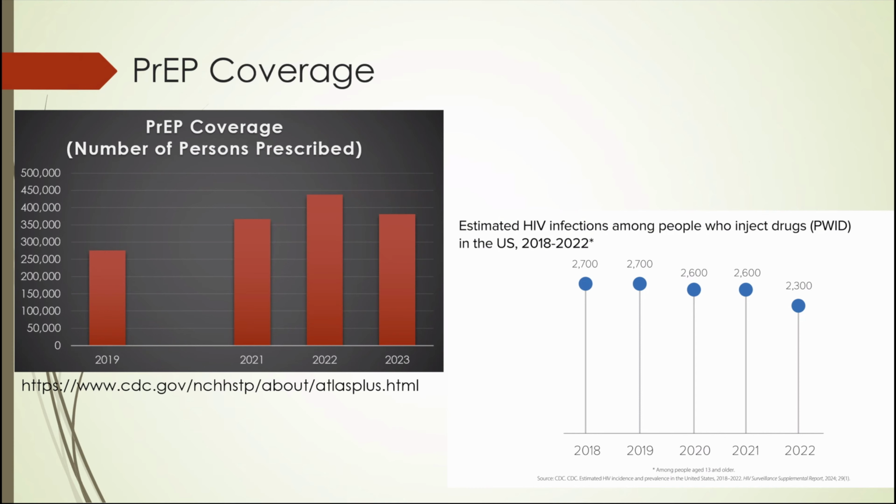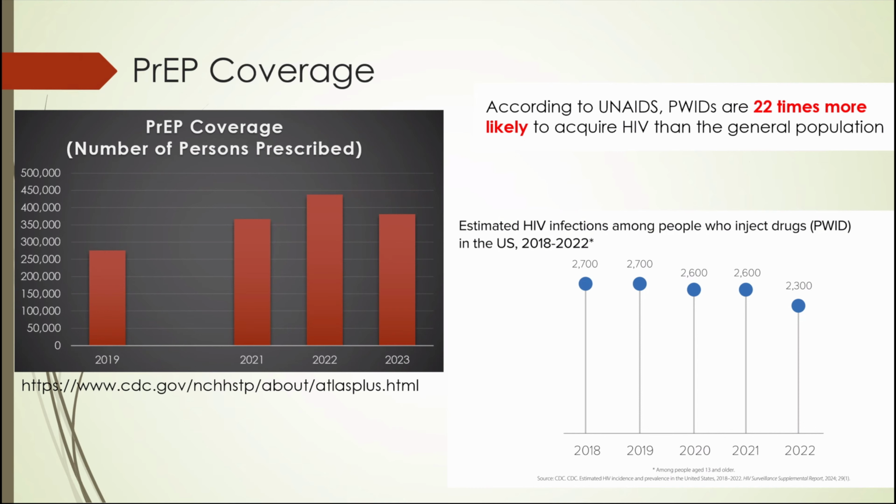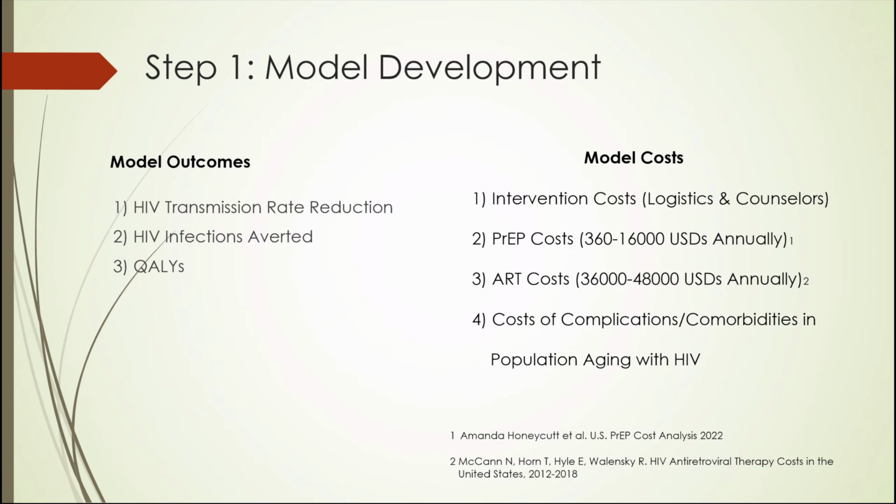But there is an interesting thing here: if we compare that data with estimated HIV infections among people who inject drugs, we see a decrease in 2022, which could be explained by the PrEP coverage that was increased in that year. And we know that people who inject drugs are 22 times more likely to acquire HIV than the general population. So it's very important to focus on this population to combat the HIV epidemic.